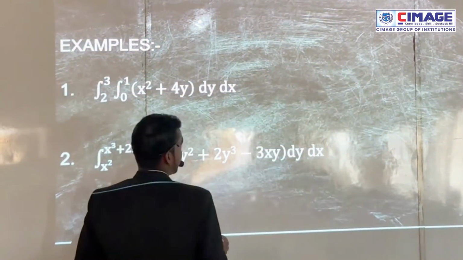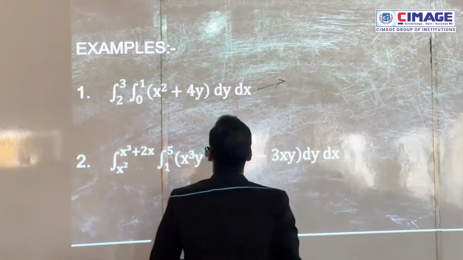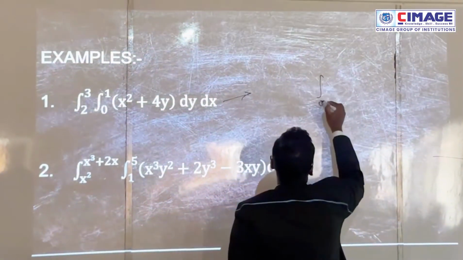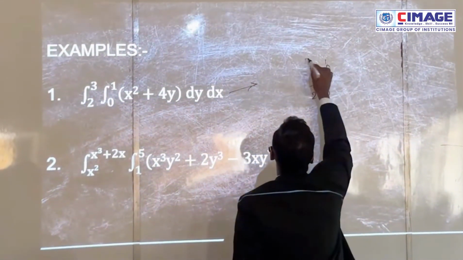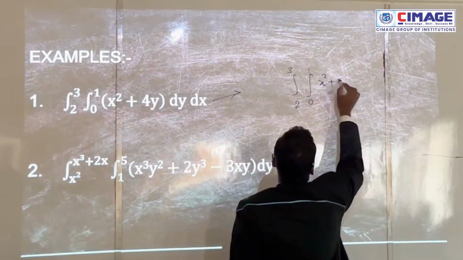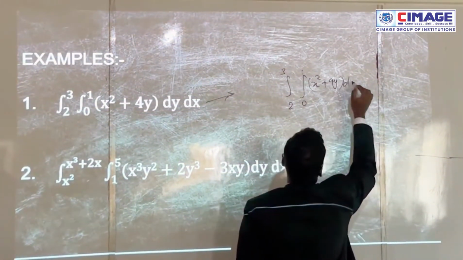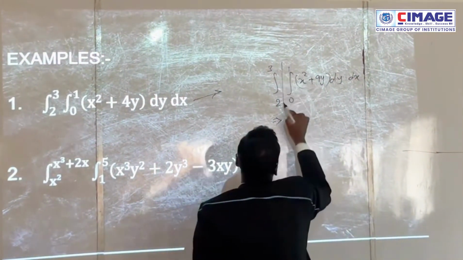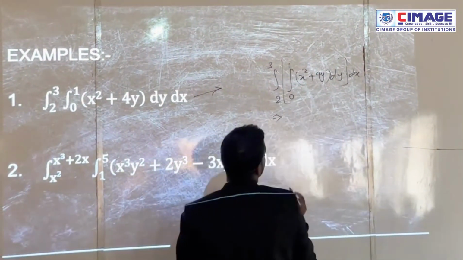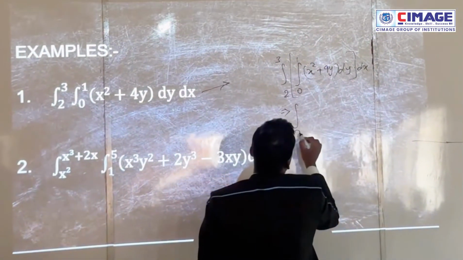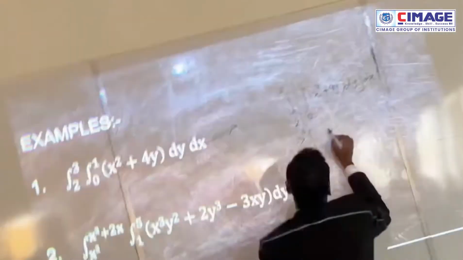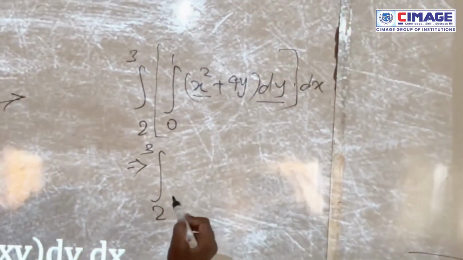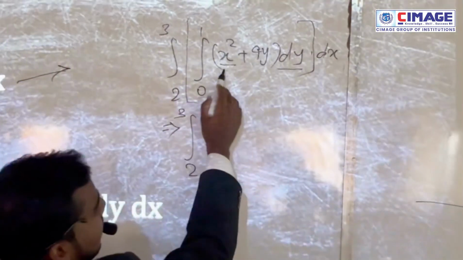I have taken a difficult one. It is given as the integral from 0 to 1 and 2 to 3 of x square plus 4y, in two variables dy and dx. First of all, we concentrate on this part. We write as usual 2 to 3, and here we integrate with respect to dy, so the variable x acts as a constant.